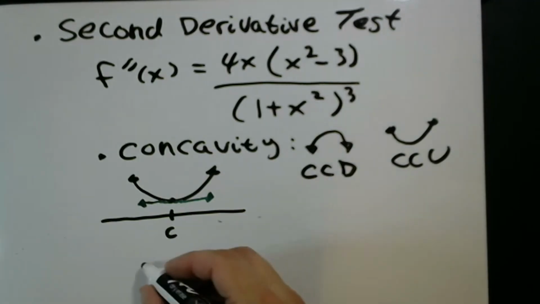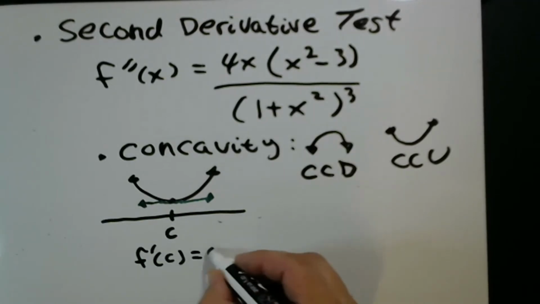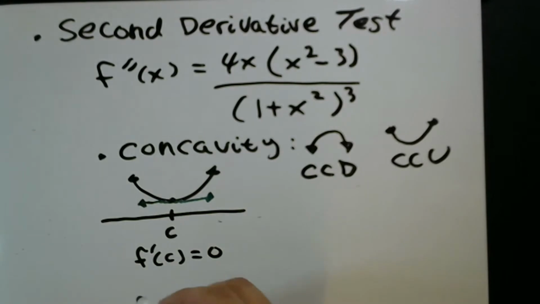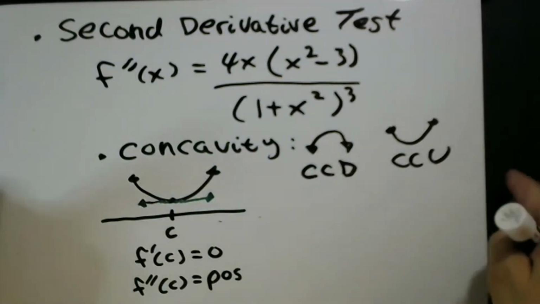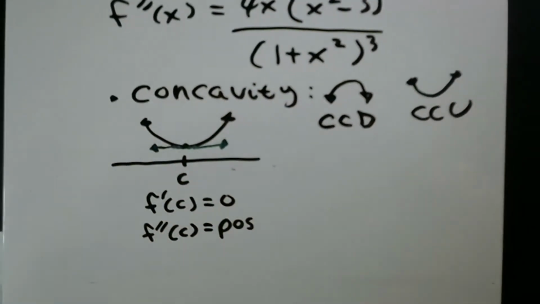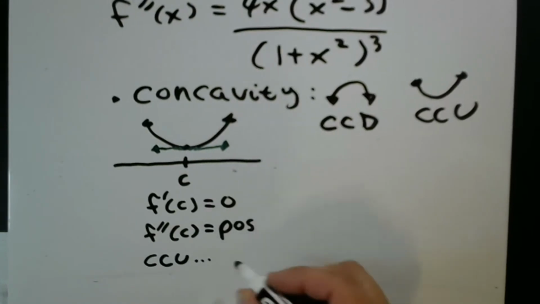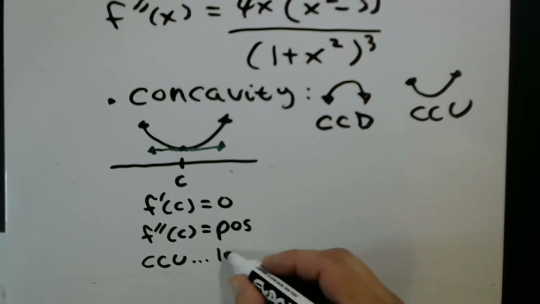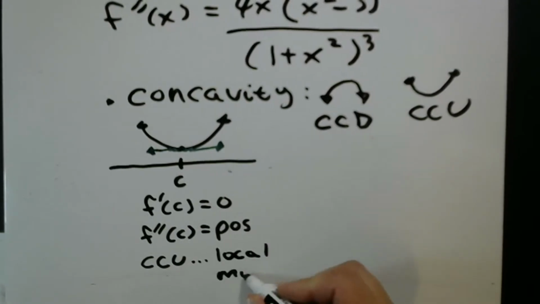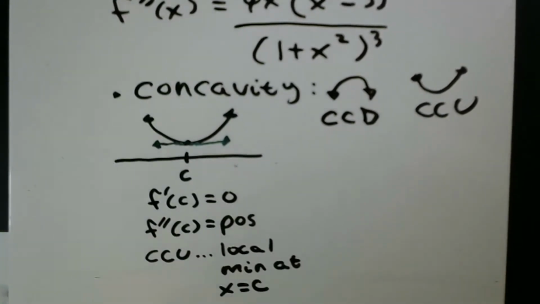So for the second derivative test, what it says, if we find a critical point, f prime of C, where it's equal to 0, and if the second derivative at C is positive, then what this says is that we have concave up, and there's a local min at x equals C, our critical point.